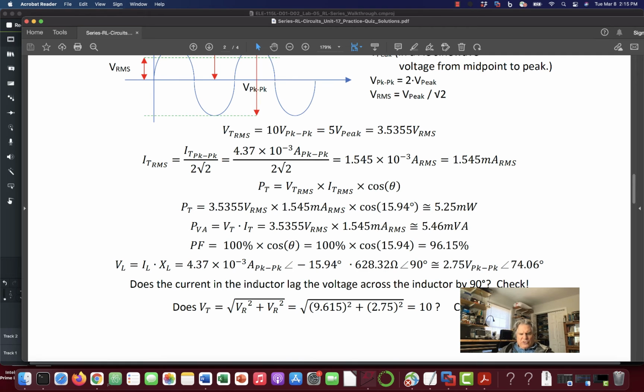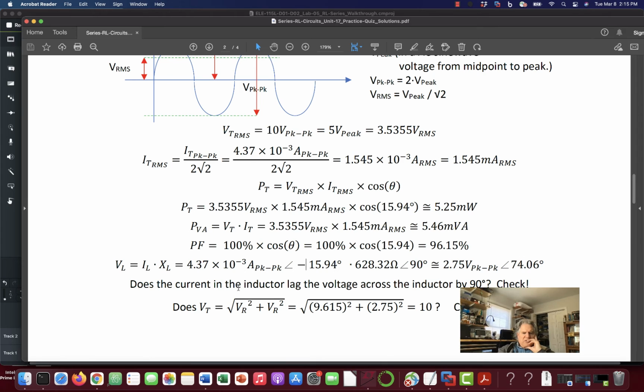It's got some resistance due to the wire used to wind the coil. But that's how we get VL. Again, when I'm multiplying, if I had exponents of the same base, I would add them, and phase angles I would add them. So that's how I go from 90 degrees and minus 15.94 to 74 degrees.